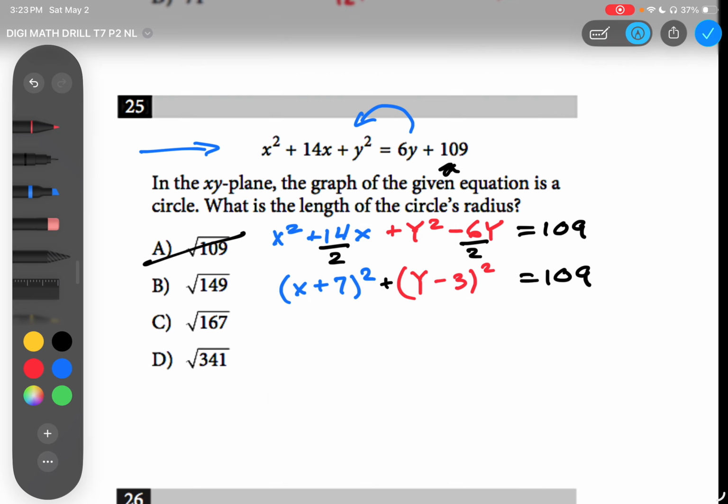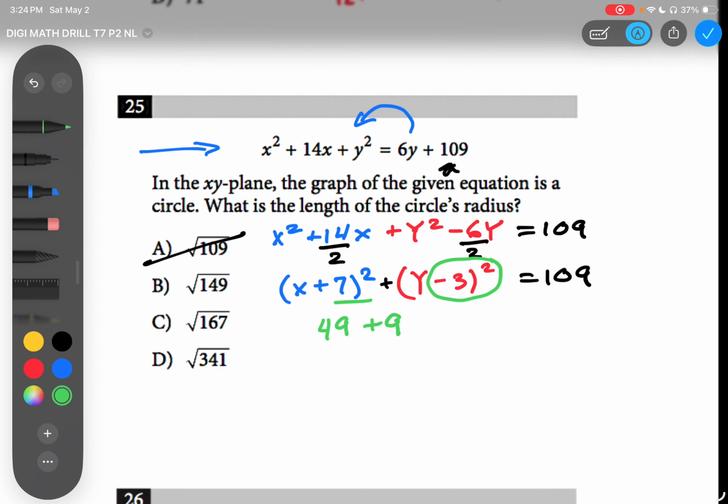So this is what we would do to get our radius. It's very easy stuff. We're going to take 7 squared, the last step of foiling for that factor right there. We're going to take 7 times 7, which equals 49. The last step of foiling over here is going to be negative 3 squared, which would be a positive 9.